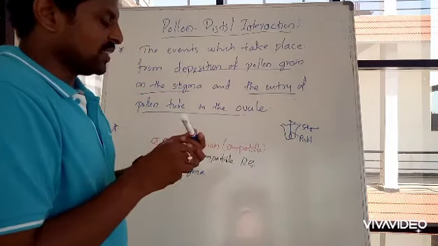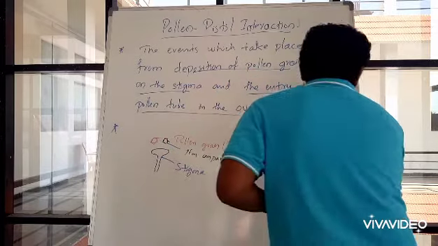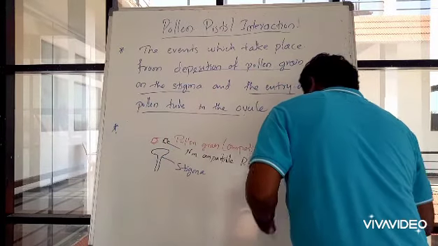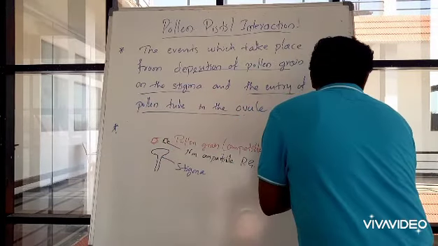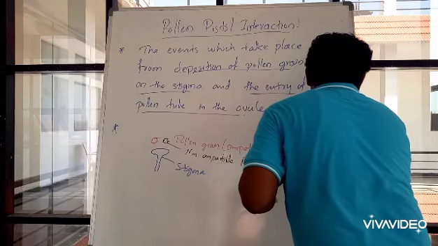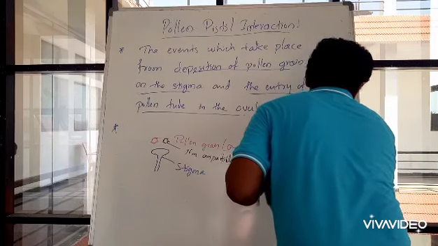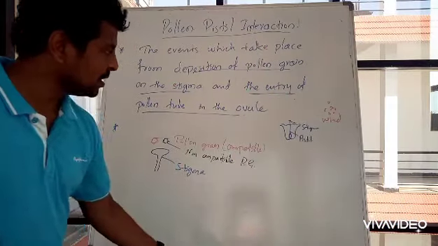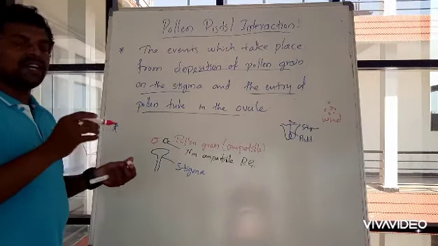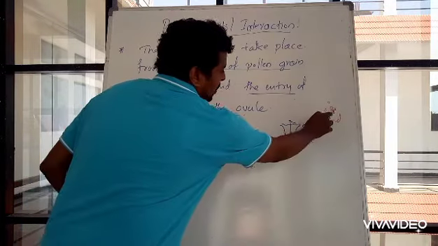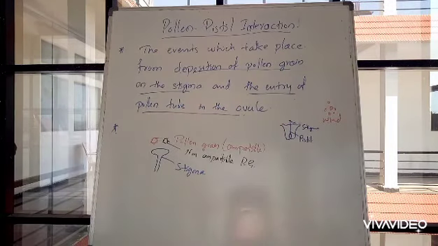Say the pollen grain is coming from another flower. These are different types of pollen grains which are carried by wind. Got it? I am just giving you a brief idea.